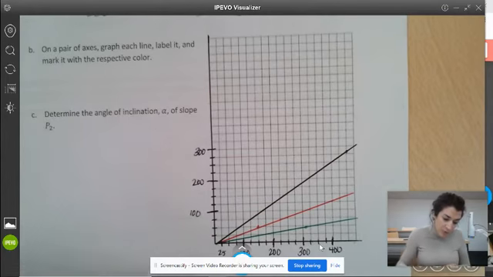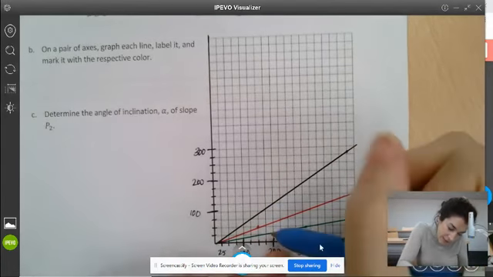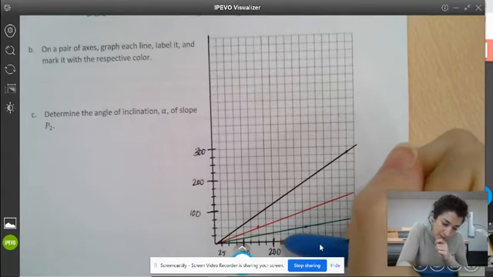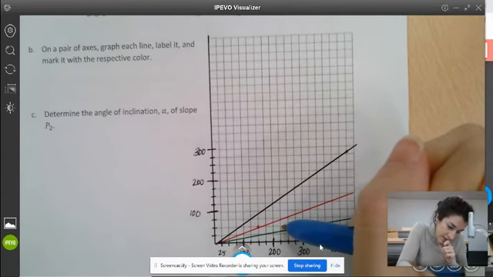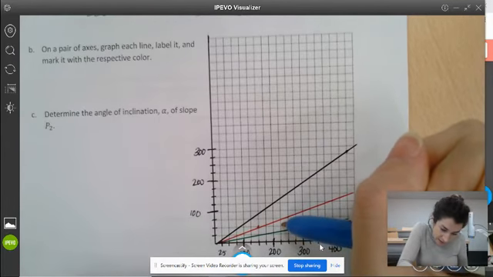And then our blue slope is 230 and then 56. 230 is going to be above 225, but not by far. And then 56 is going to be like right here.